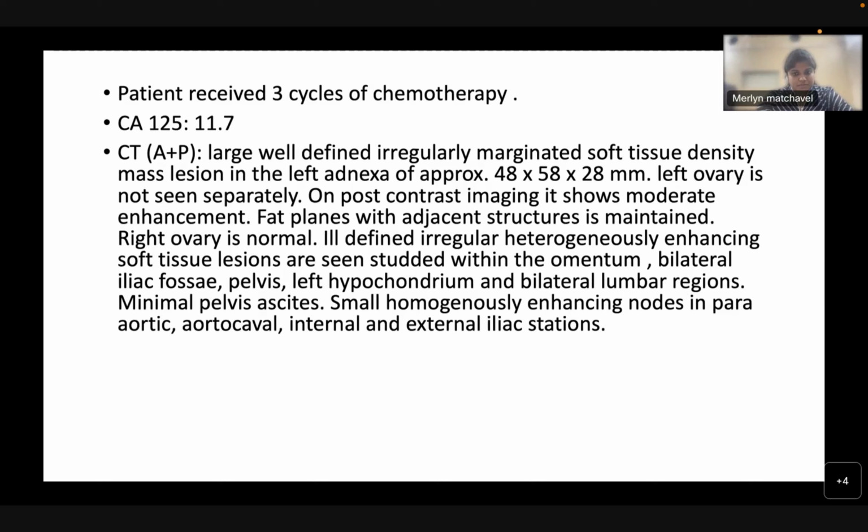Before 6 months, if somebody relapses, it's platinum resistant. What is platinum refractory? Platinum refractory is when there is remission and then it reoccurs within 6 months. What is potentially platinum sensitive? You'll have to go and read. Yes, ma'am.